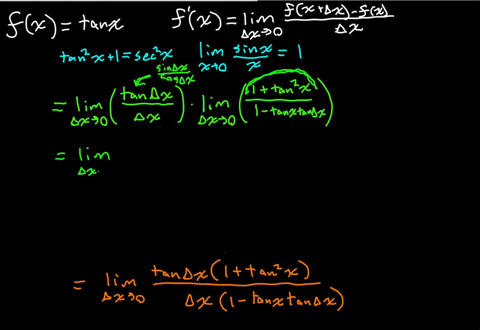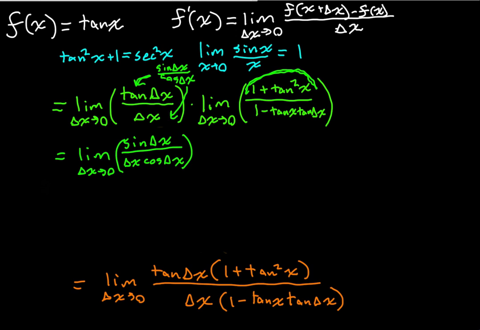Limit as delta x goes to 0 of sine delta x over delta x times cosine delta x. Notice that these are the same expression. All I've done is turn tangent of delta x into sine of delta x over cosine of delta x, and then put the cosine of delta x and the delta x together.